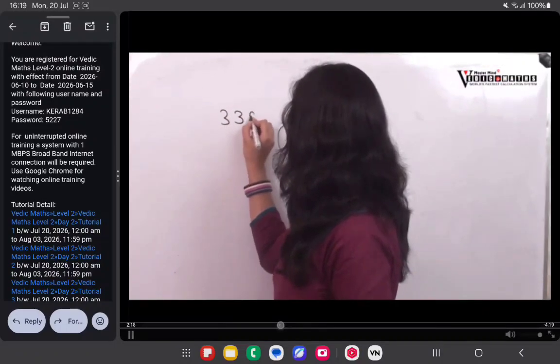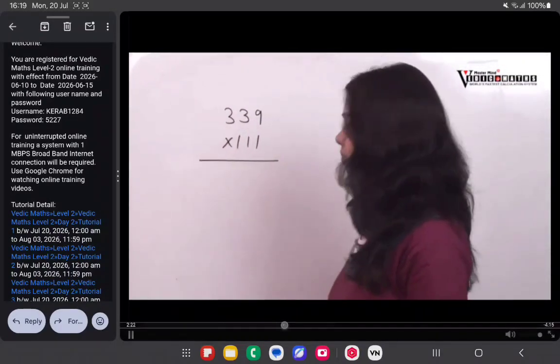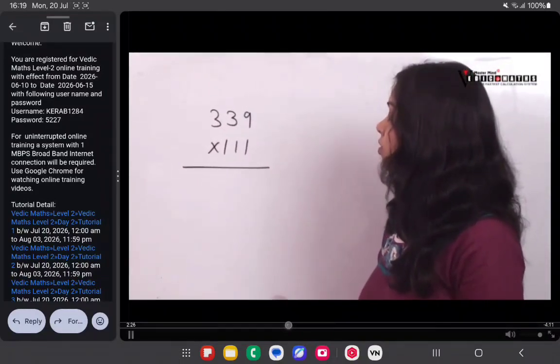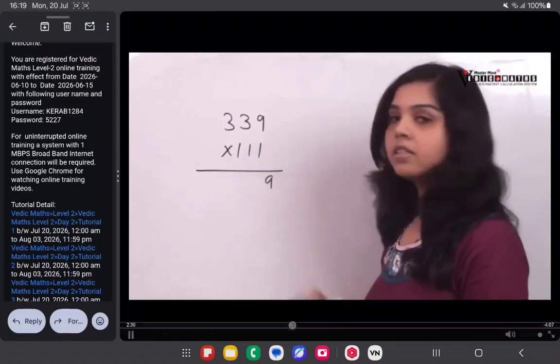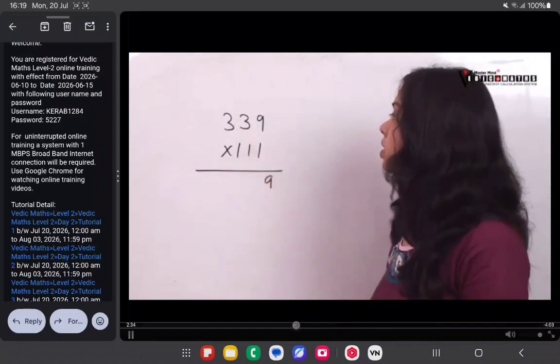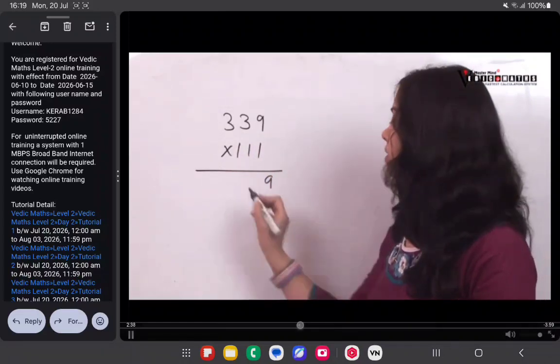Our question is 339 into 111. For solving this, we have to write the last number as it is. Then the sum of these two numbers, 9 plus 3, is 12.